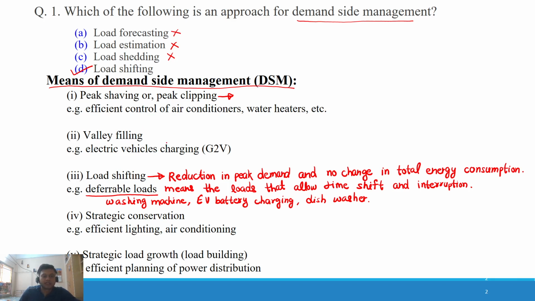In load shifting, we shift power demand from peak hours to off peak hours, but in peak saving we are just clipping the power demand, so it also reduces the total energy consumption. So for peak saving or peak clipping, you can write: reduction in both peak demand and total energy consumption.